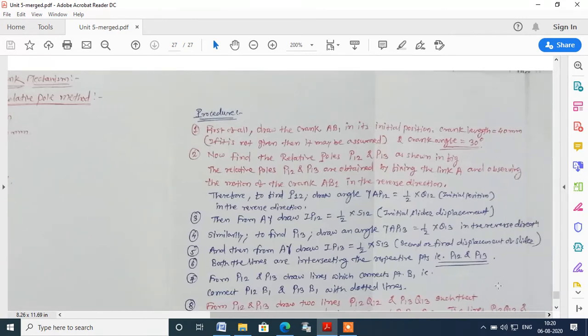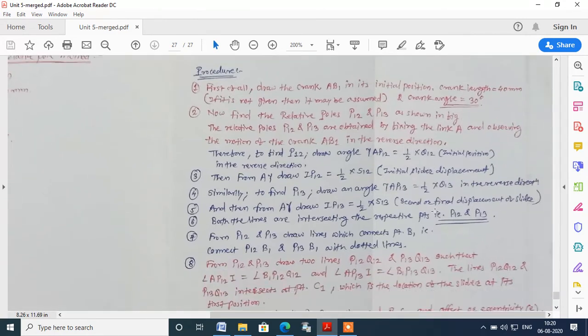So here is the procedure to follow for the relative pole method. I have written the procedure. First of all, draw the crank A1B1, or AB1, in its initial position. In our problem the crank length is given, that is 40 mm. If it is not given, then you have to assume the crank length.